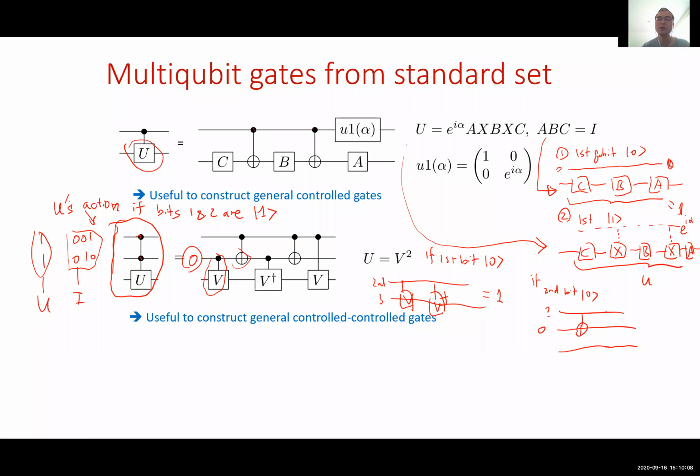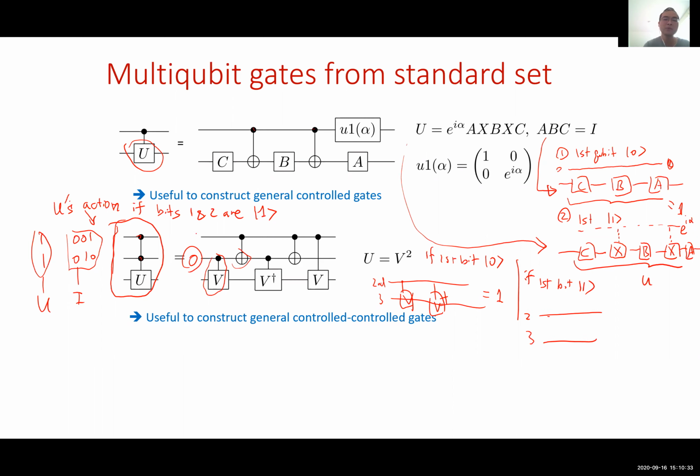So maybe what we do is let's check a case when the first bit is 1. Let's go back. So if the first bit is 1, let's just show 2 and 3.